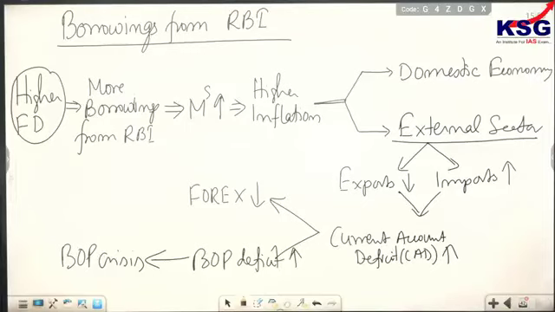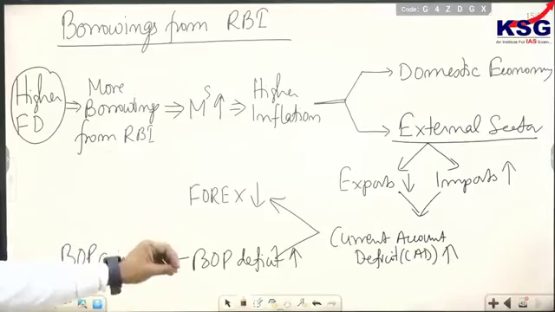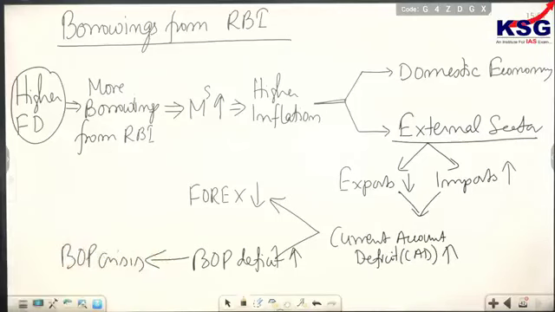Yes, a higher fiscal deficit was one of the reasons for the BOP crisis of 1991 in the Indian economy. This is one way I linked it, a simple way, so you are able to connect it. There are so many factors, but I'm not considering them here.